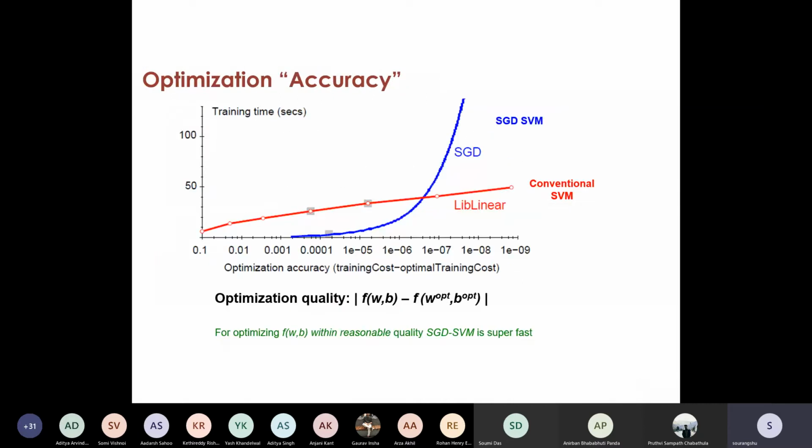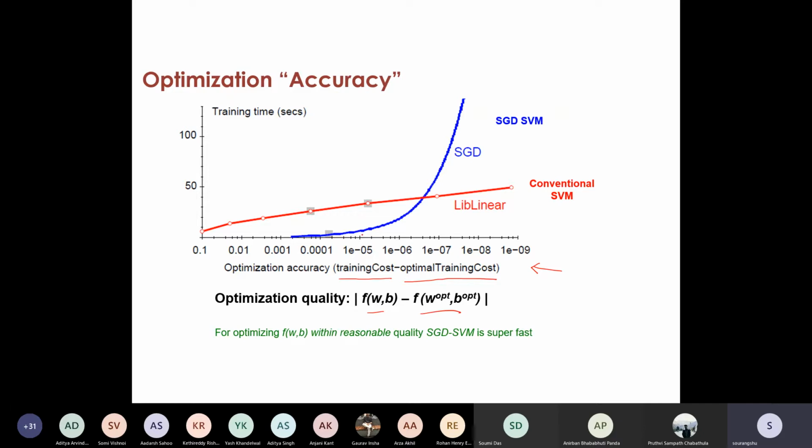Now here is a somewhat deeper dive into how SGD exactly works. On the x-axis, we are showing the suboptimality, which is the training loss function, sometimes also called cost function, minus the optimal training loss function.